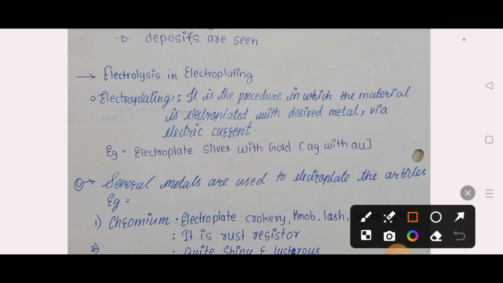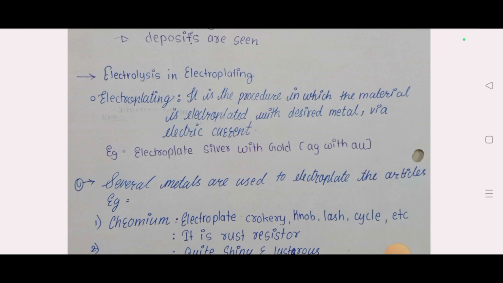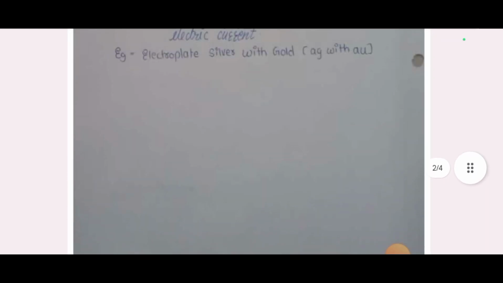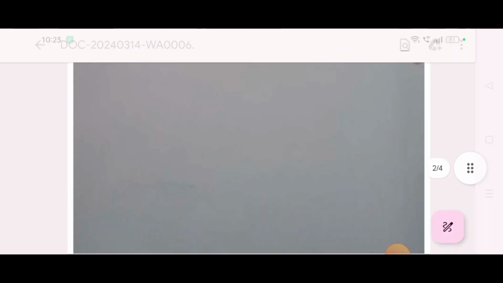So I'll purchase that. This is electroplating. Now we will take one example, electroplating silver with gold. We have an example, so we will solve that example over here.